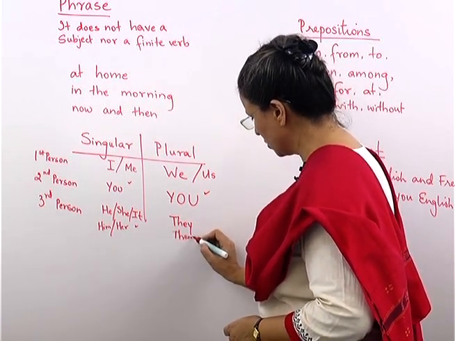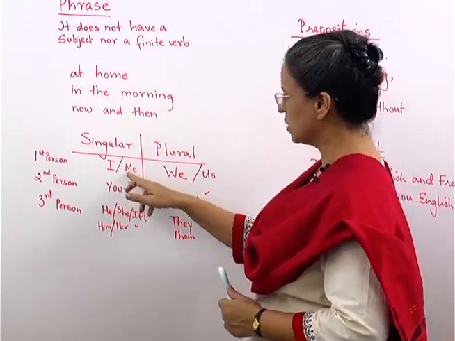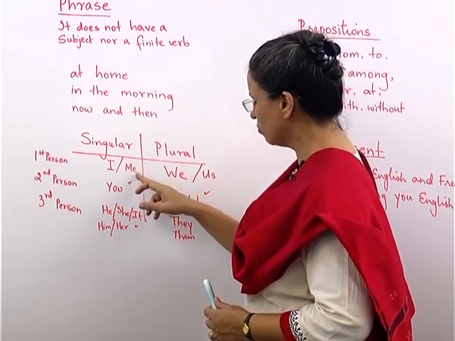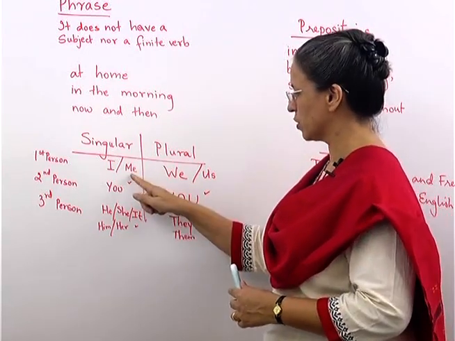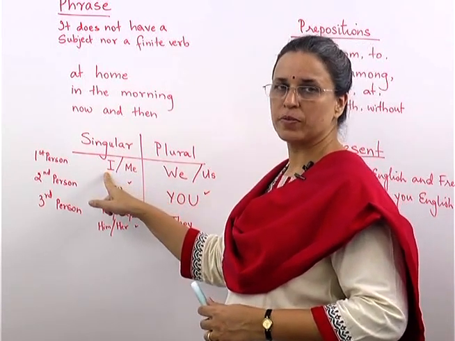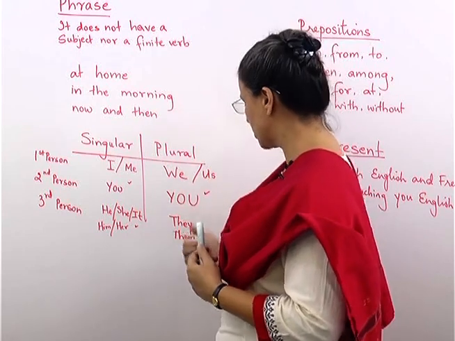What is the difference? When we are using the subject pronoun, it means this person is doing the verb. When we are using the object pronoun, then it means the verb is being done on this person. I teach the children. The children ask me their doubts. Then children means, that means they ask.